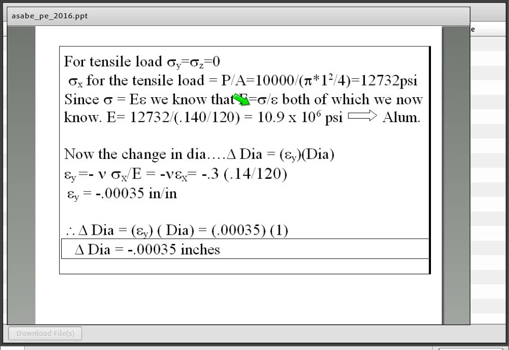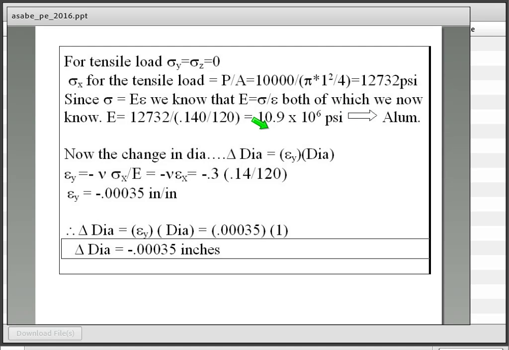That wasn't given to us. We're having to calculate that. That's going to be the key to what kind of material this was. So we do that little calculation. We come out with 10.9 times 10 to the 6 psi as the apparent modulus of elasticity. So if you look in a handbook for moduli of elasticity for materials, you'll see that that pretty well fits about where aluminum comes out.